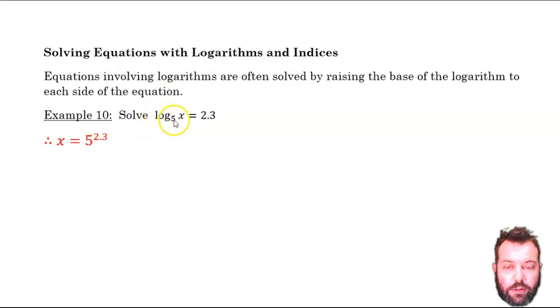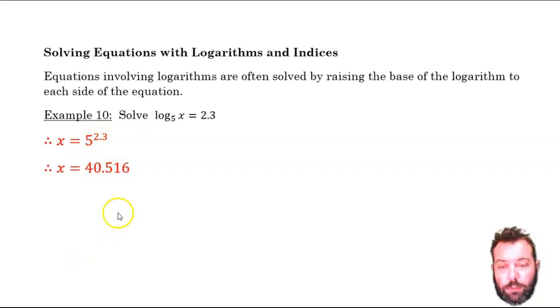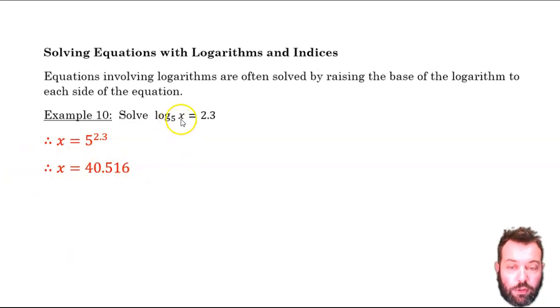We know that 5 to the power of 2.3 equals x, and my calculator will do that fairly well for me. 5 to the power of 2.3 is 40.516. I could check that answer. I would have to use my change of base formula. So if I did the log of 40.516 divided by the log of 5, I should get 2.3.